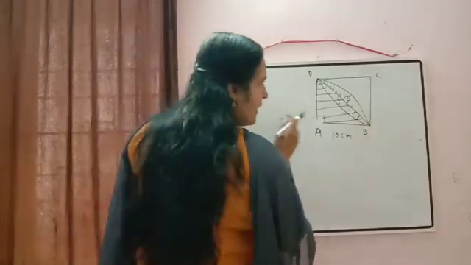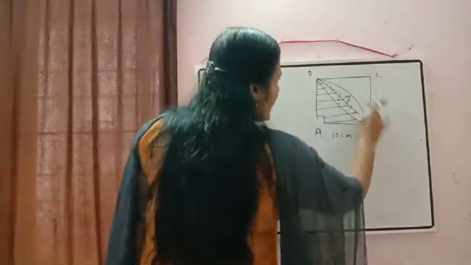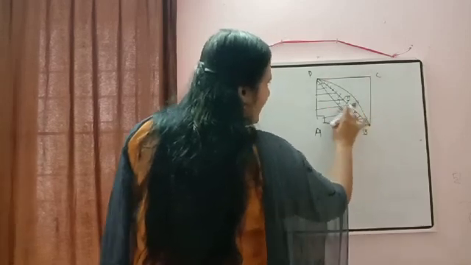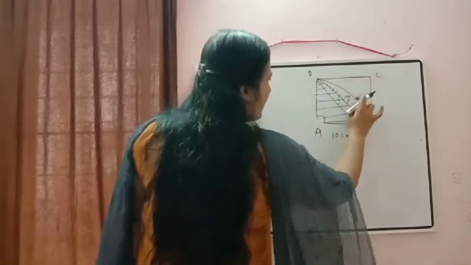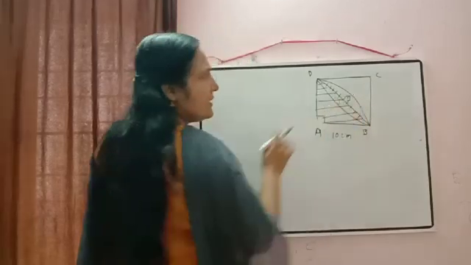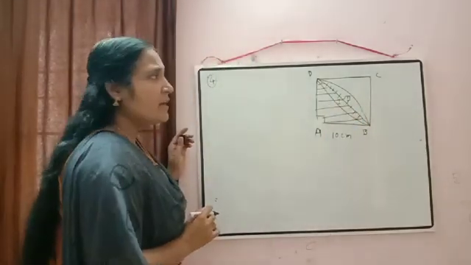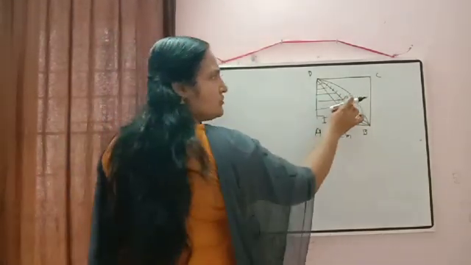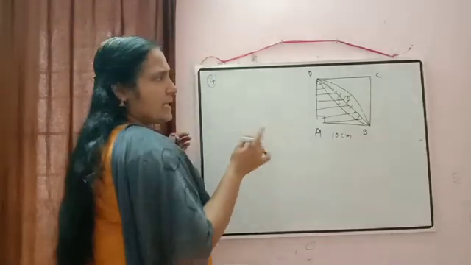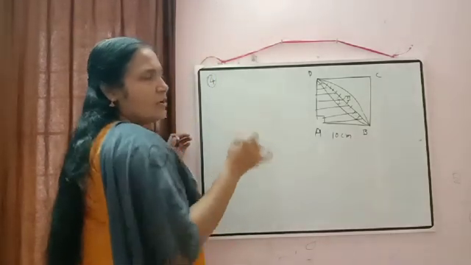In the same way, from this sector DCB, if I subtract the area of triangle DCB, I will get the area of the first one. So the area of these two will be equal. So instead of writing it 2 times, we can write 2 into.